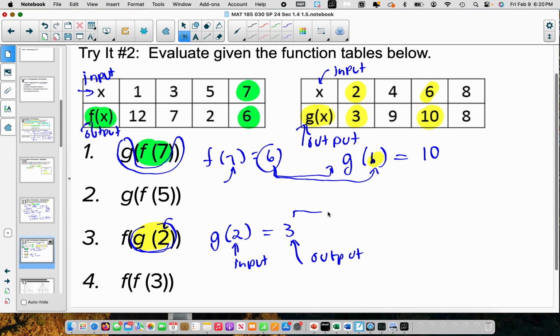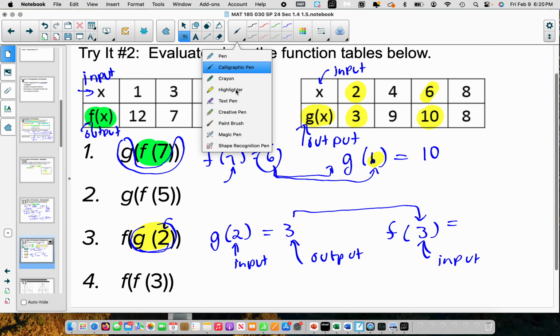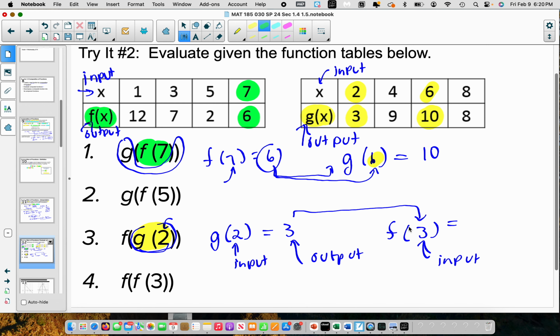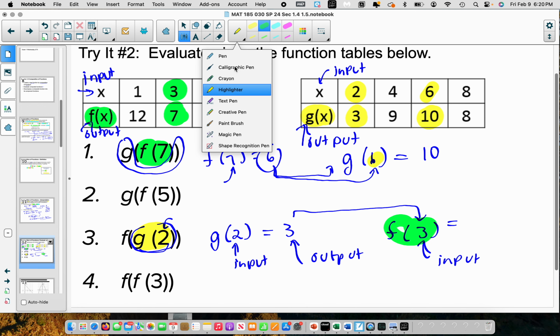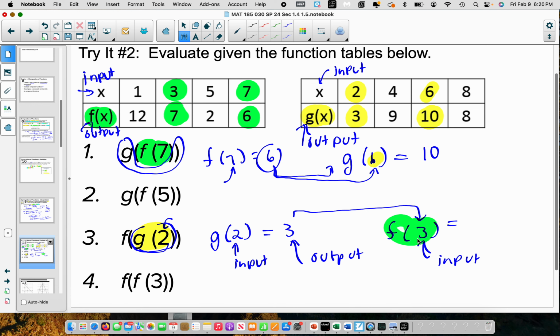I'm going to take that output and it becomes the input to my f function. So now I'm going to have f of 3. Let's look at my f function. I input 3, I output 7. So f of 3 is equal to 7.